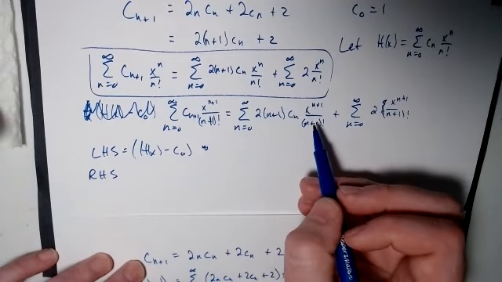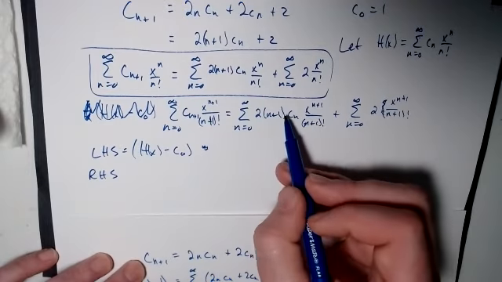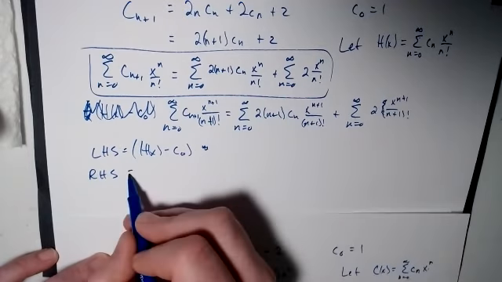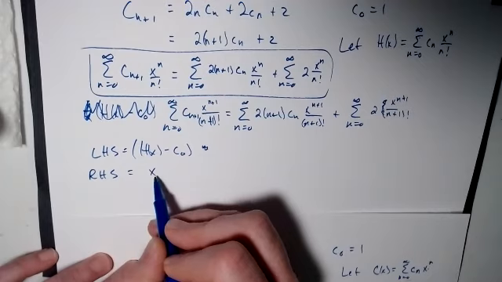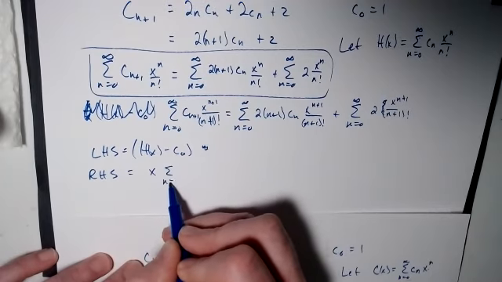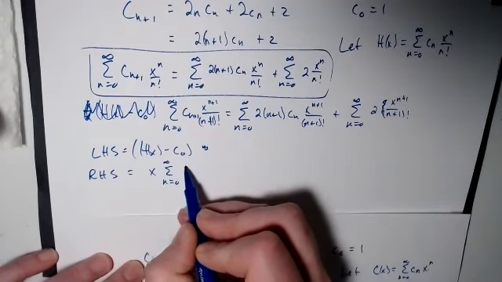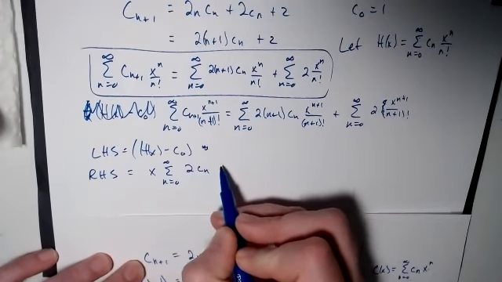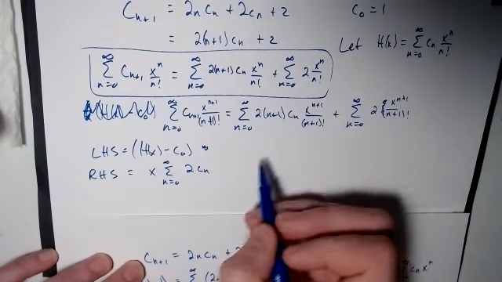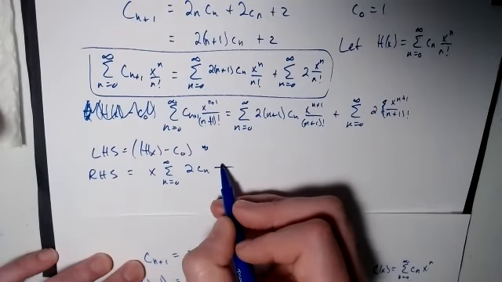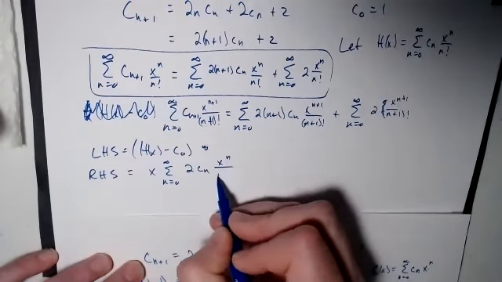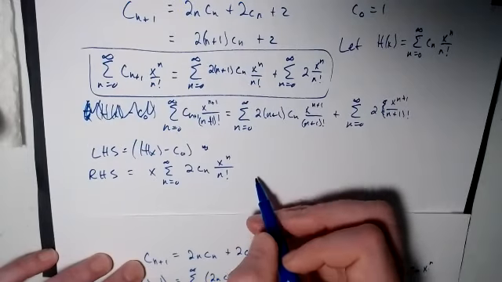If I take and cancel, let's pull out an x. This is the sum as n goes from 0 to infinity of 2 Cn. So I've pulled an x out, and I'm going to cancel the n plus 1 with the denominator there, and then I get x to the n over n factorial.